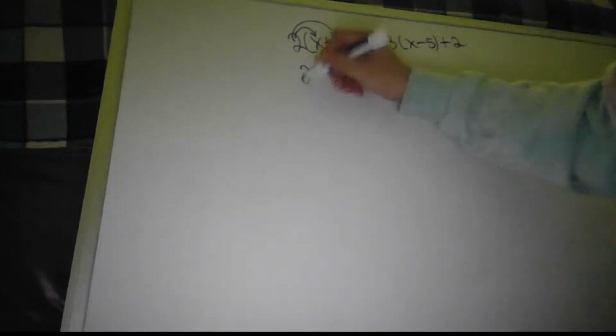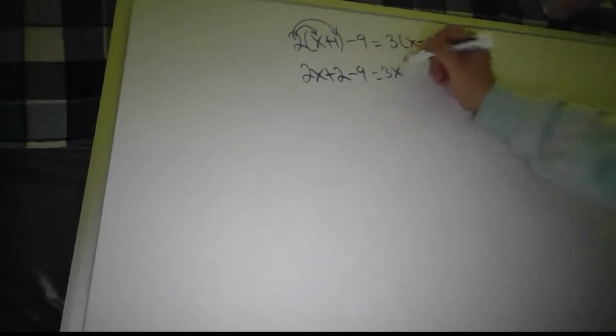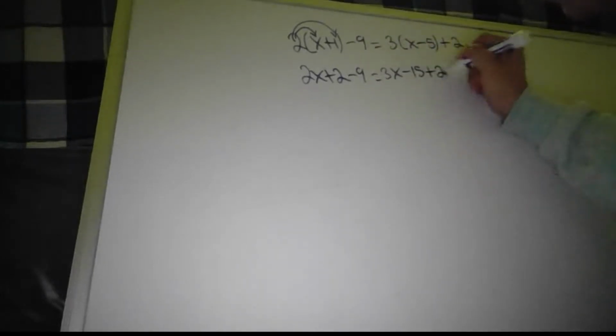We're going to distribute our 2 in, right? 2x plus 2 minus 9 equals 3x minus 15 plus 2.